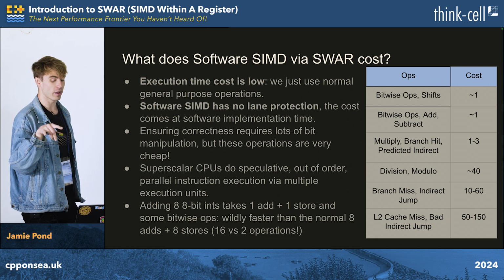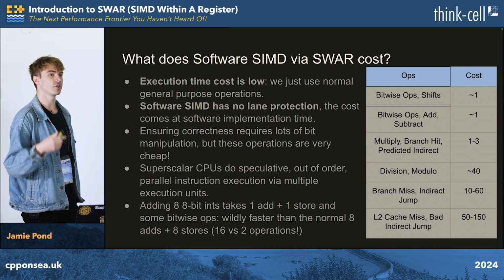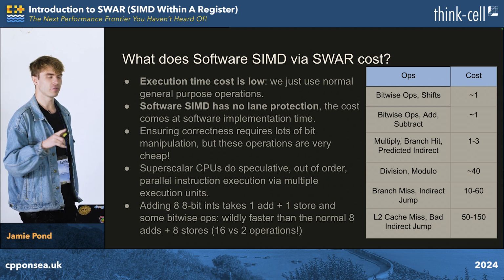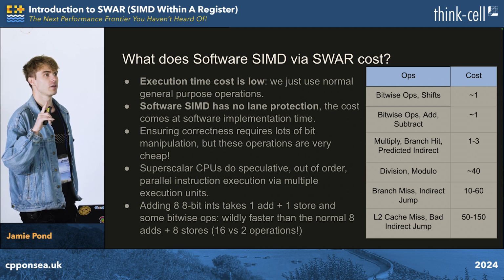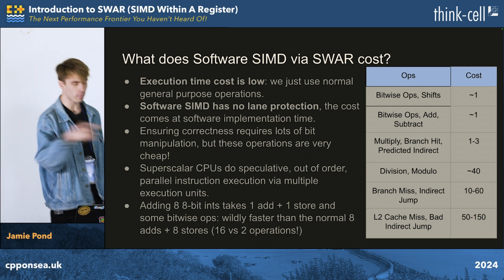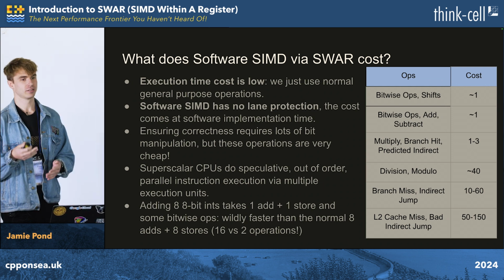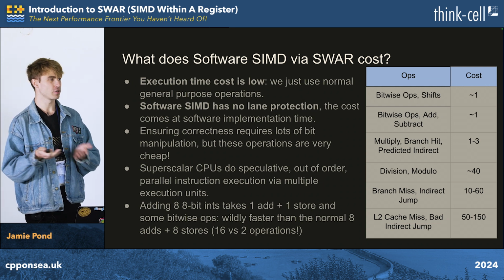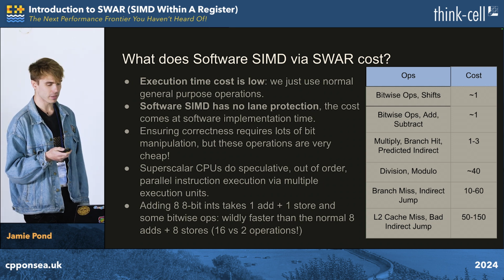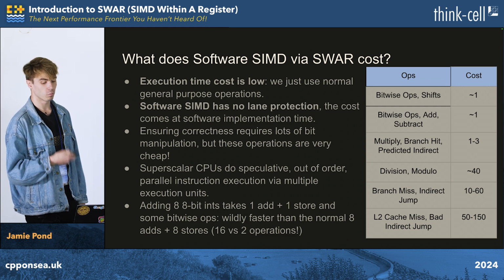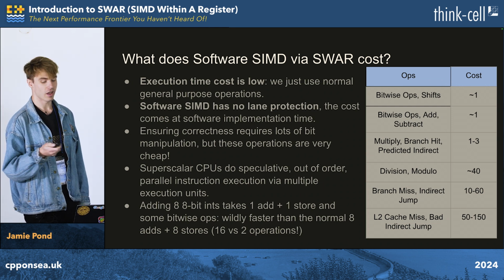But if you did that scalar, you're going to do 8 additions and 8 stores. So in terms of the number of total operations, that's 2 operations versus 16 operations. And then you'll do some overhead of the bitwise operations, but they're so cheap that it's pretty minimal. So hopefully that makes sense on why these techniques can be so powerful.